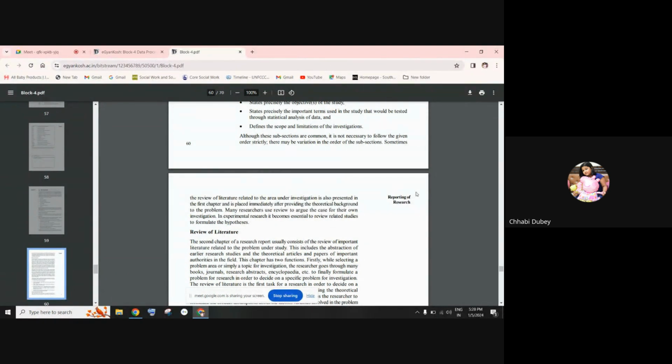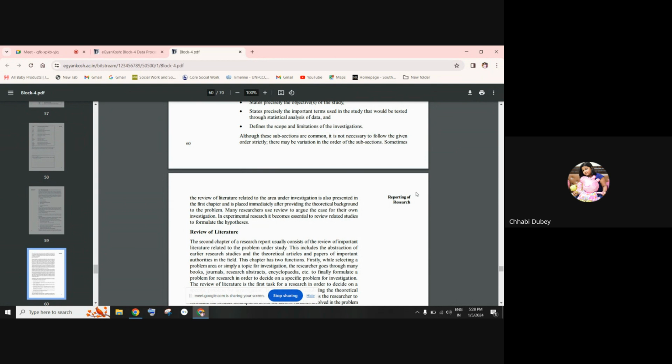Now, after this, we come to the review of literature part. Review of literature is basically the abstraction of the earlier research studies and other theoretical articles and papers. Here we are going to write abstracts about what all other researches have already happened in this particular area.